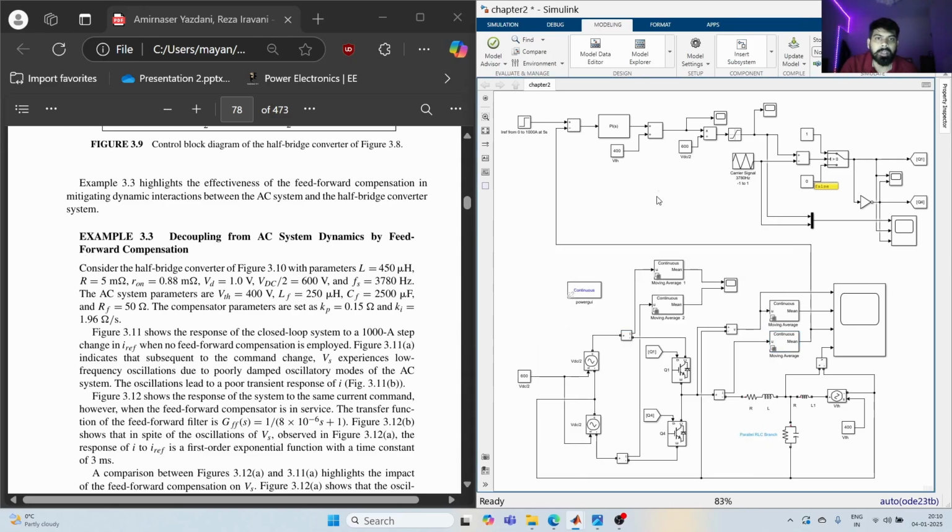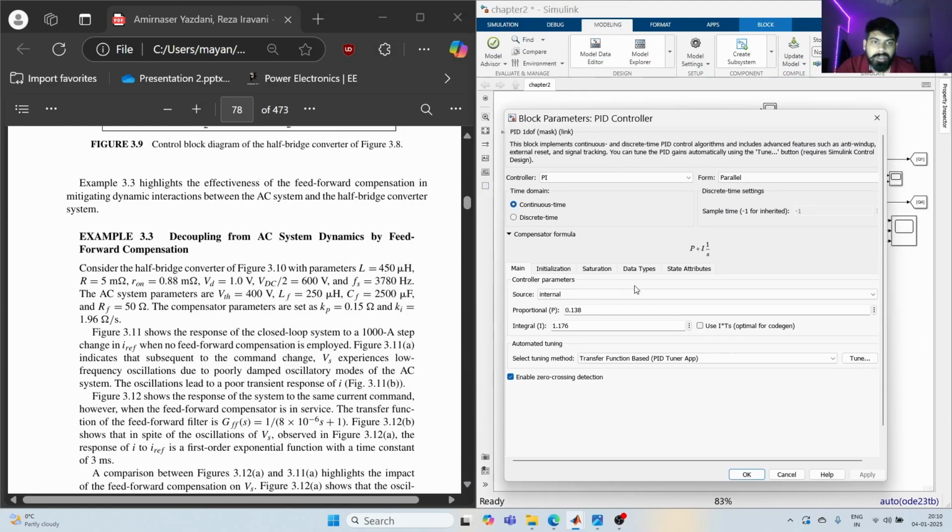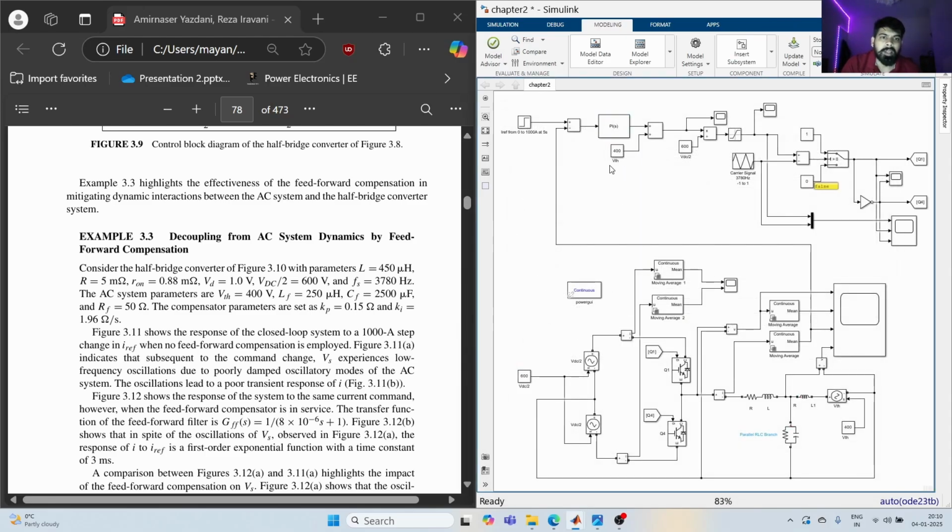Also we have the KP and KI changed from the previous values. We had 0.15 and this is 1.96, right? And let's just remove our feed forward compensation.